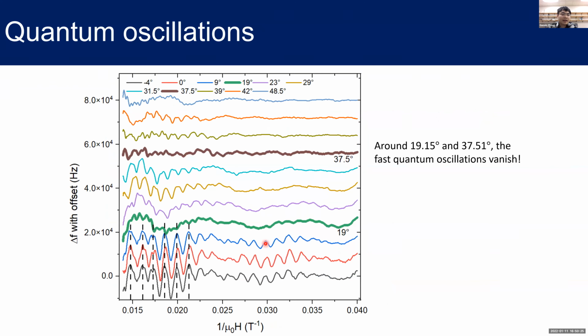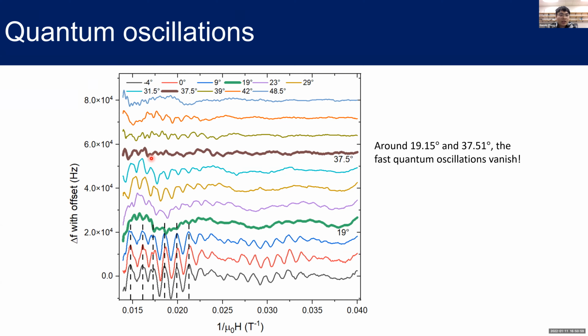And if we subtract the background, we can get this beautiful quantum oscillations again. If we look at this dashed line here, this means a fast quantum oscillation at around 800 Tesla frequency. If we look at the amplitude at around 90 degrees, the fast oscillation amplitude will nearly vanish, and also vanish again at around 37 degrees.